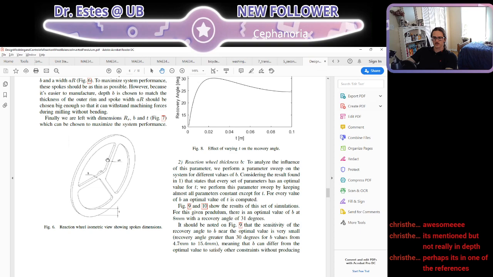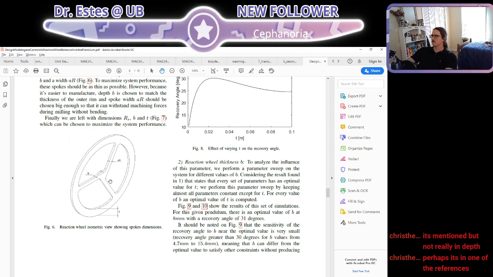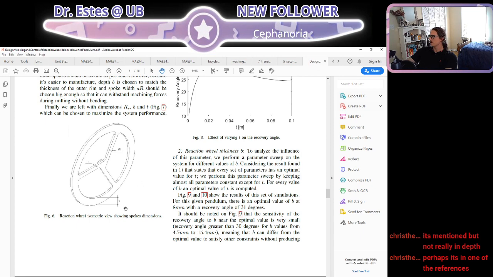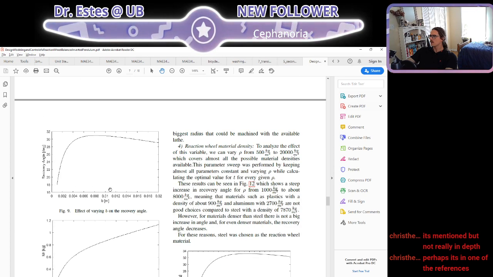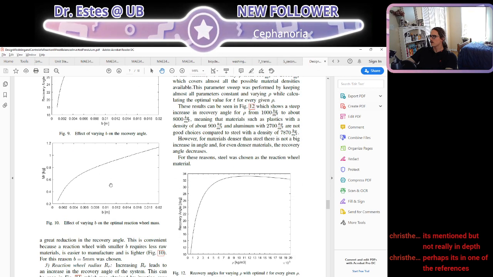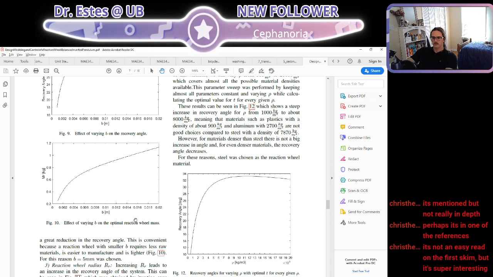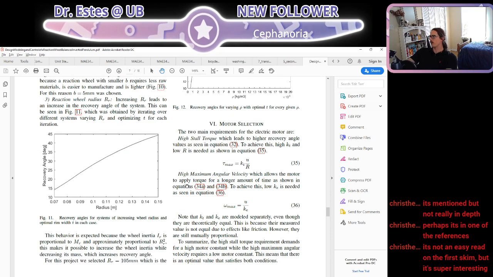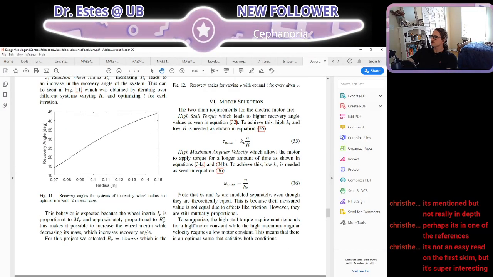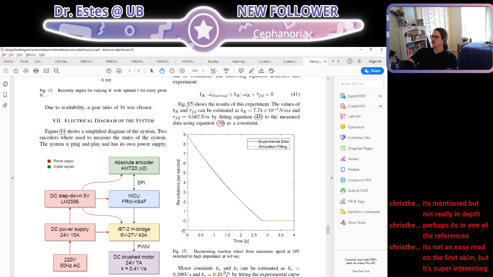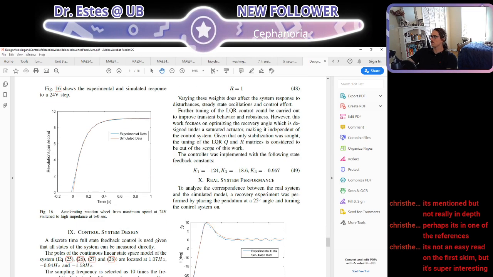Yeah, I guess they don't talk too much about how they specifically chose to put the spokes in this configuration. Oh yeah. No, I think they... It's not an easy read, but they do a really nice job.